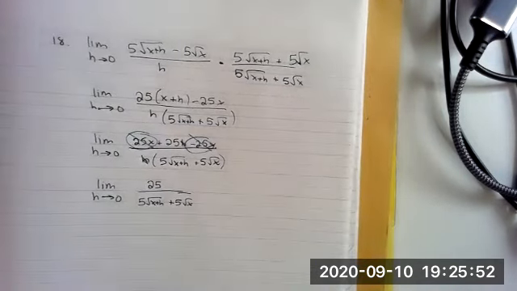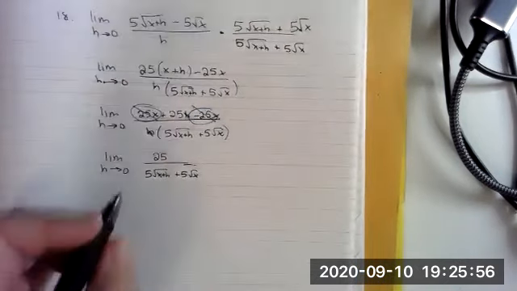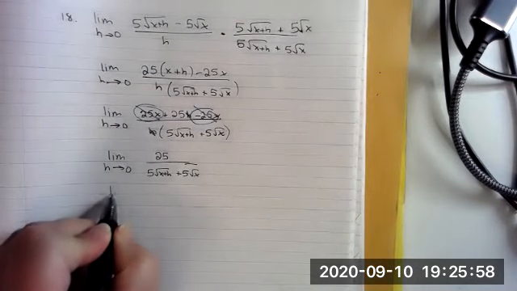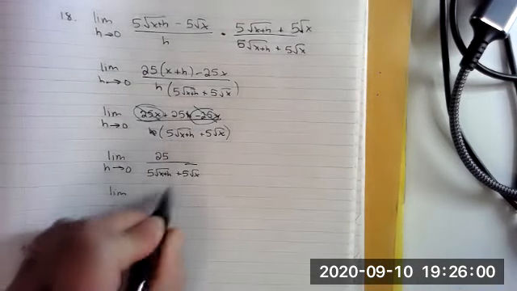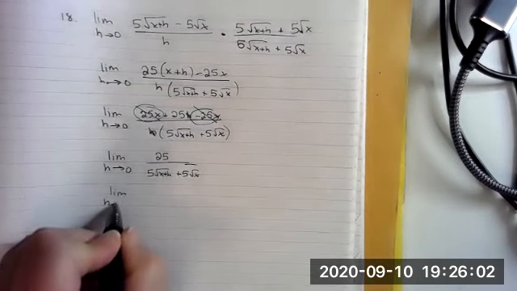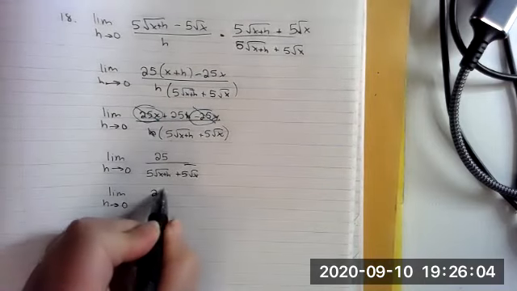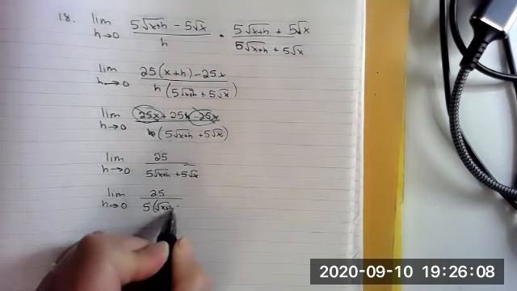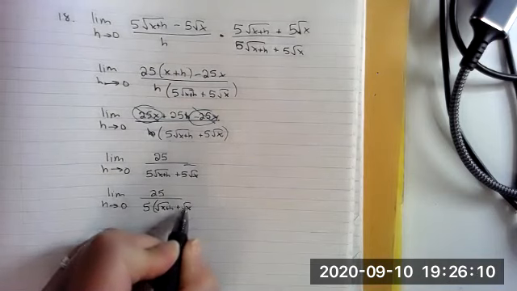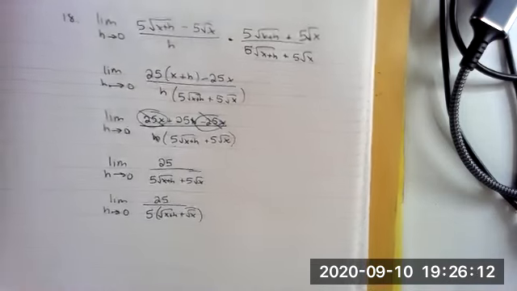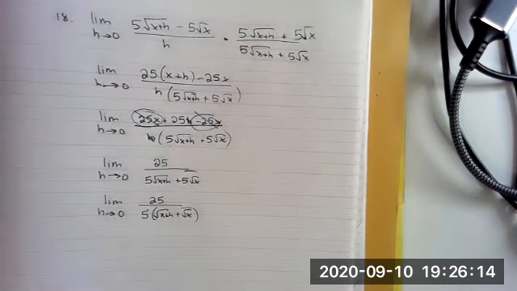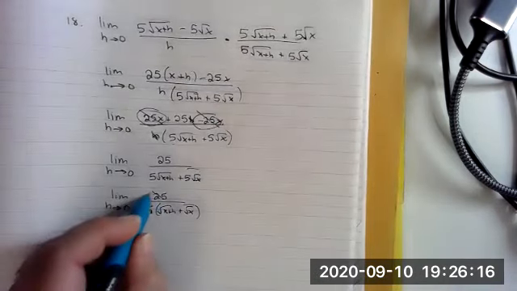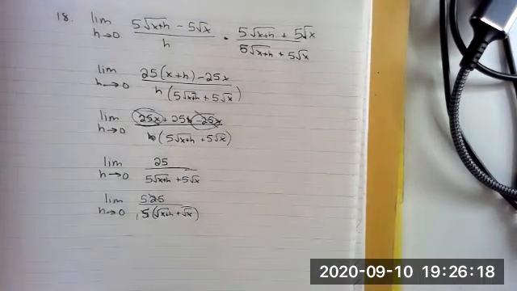There's some more stuff I can do to simplify, and I'm going to go ahead and do it because this is a video. We're not rushed for time. I'm going to factor out the 5 in the denominator and see if I can get this to be a little more elegant. So that's going to be 5 times root x plus h plus root x. All I did was factor the 5 out there. And now this is going to divide out to 5 over 1.